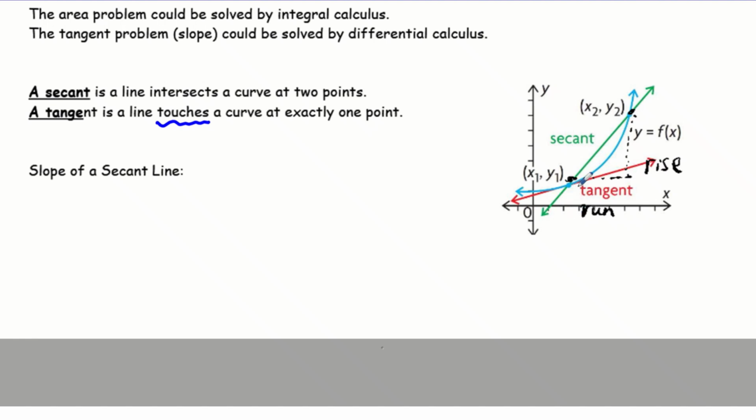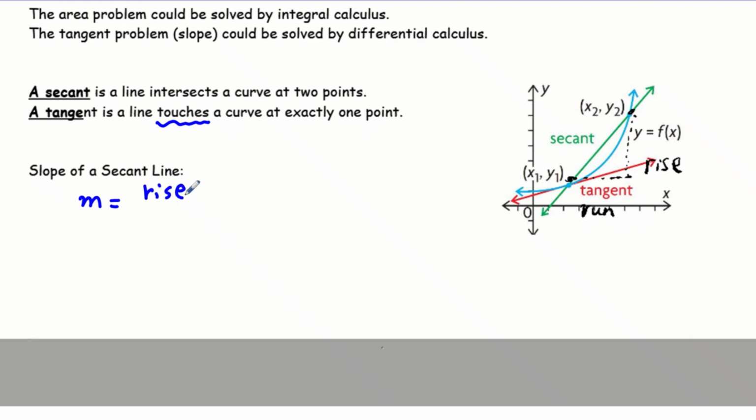In order to study the slope of the tangent, we want to start from the slope of a secant. So this is 2 points. We know that the slope of a line is rise over run.